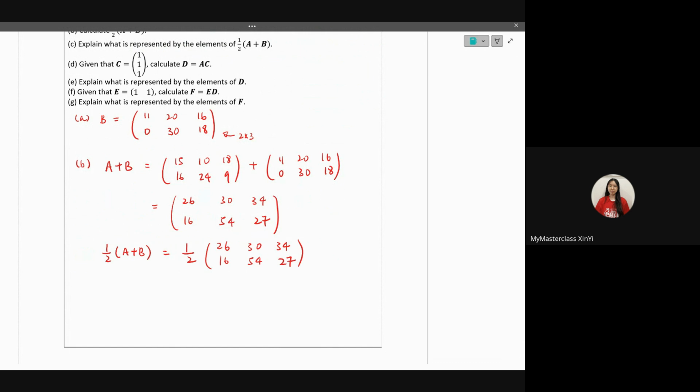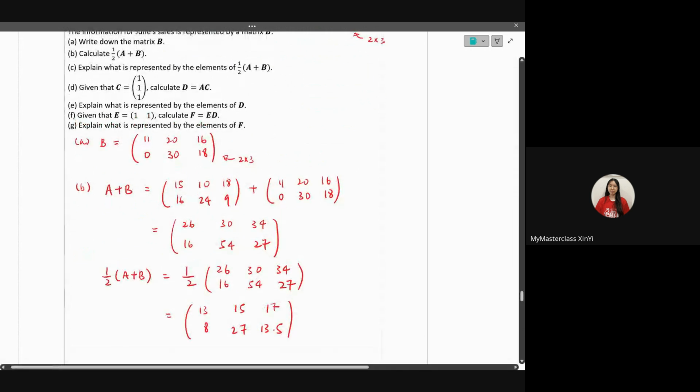And this will give you 13, 8, 15, 27, 17, and 13.5. So that is for part B. So far quite simple.